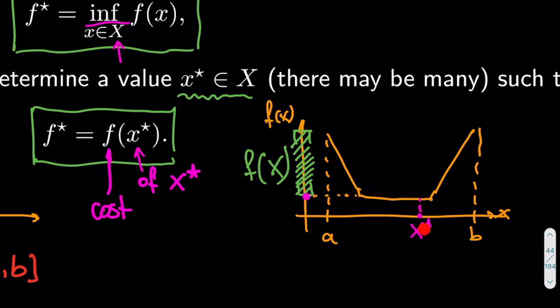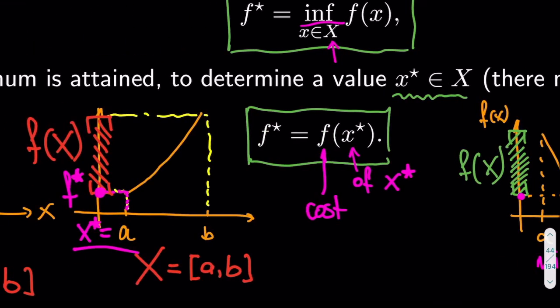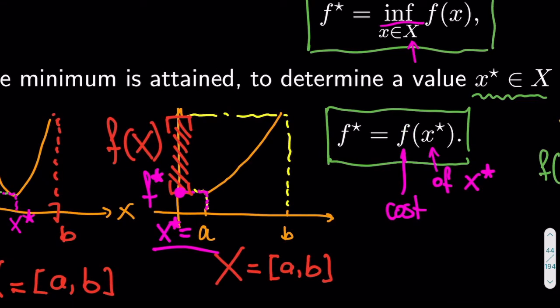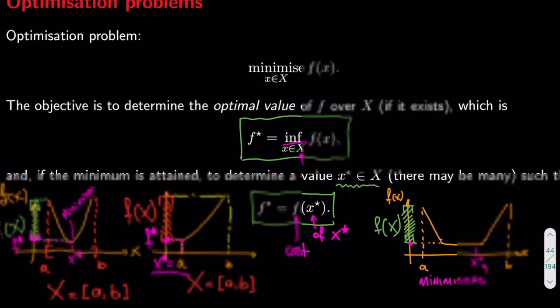And all of them are called, wait for it, minimizers. So you have here many minimizers. Here you have a single minimizer. Here you have a single minimizer again. This is your minimizer. And this is called the optimal value of the function.